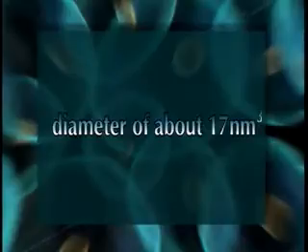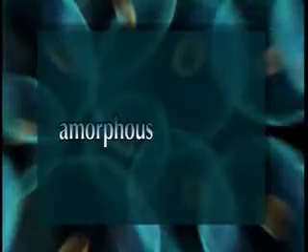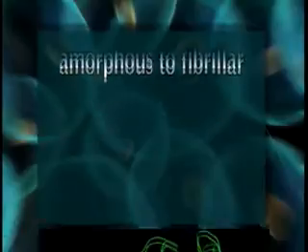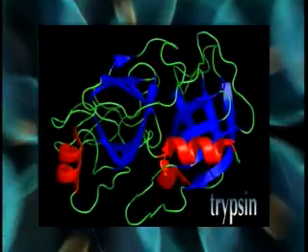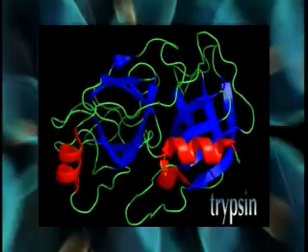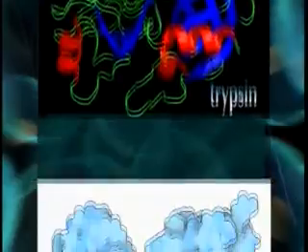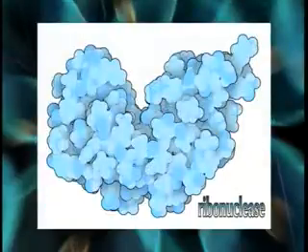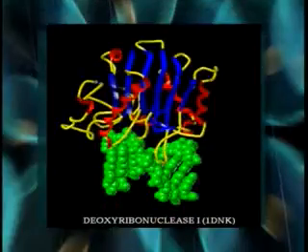In addition to subunits, the annulus has a matrix that varies in consistency from amorphous to fibrillar. This material is digested by trypsin and remains unaffected when exposed to ribonuclease and deoxyribonuclease. It means that annular material is protein in nature.